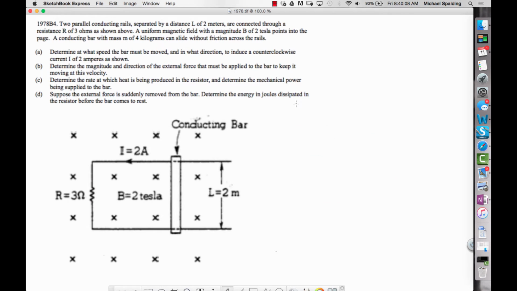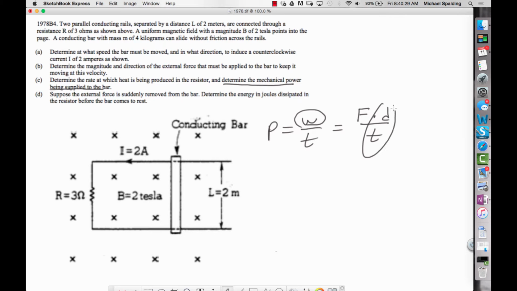Okay, now, determine the mechanical power being supplied to the bar. Let me show you how to do this. One definition of power is work over time, but hold it. What's the definition of work? Force times distance.